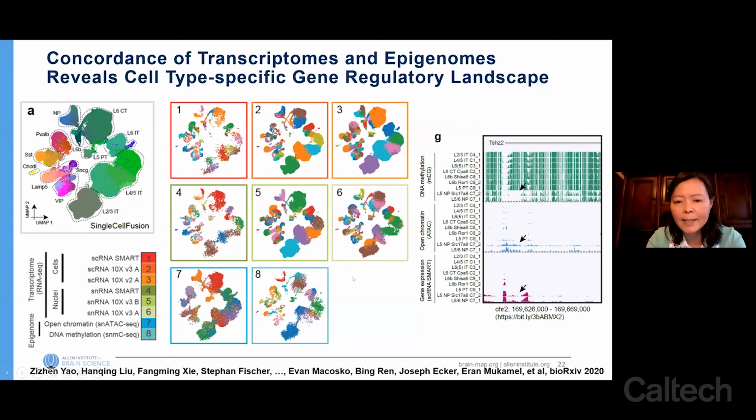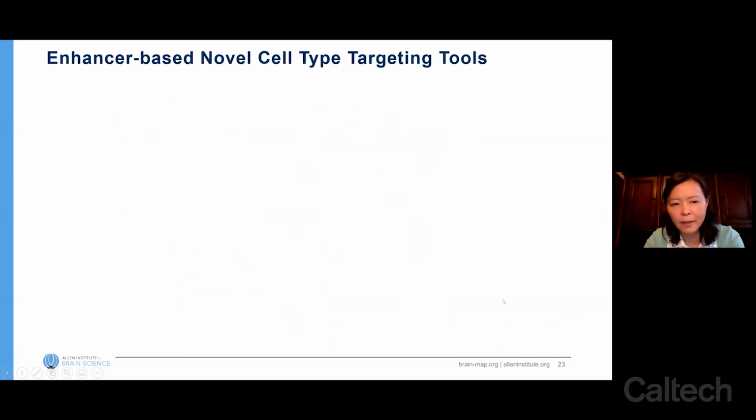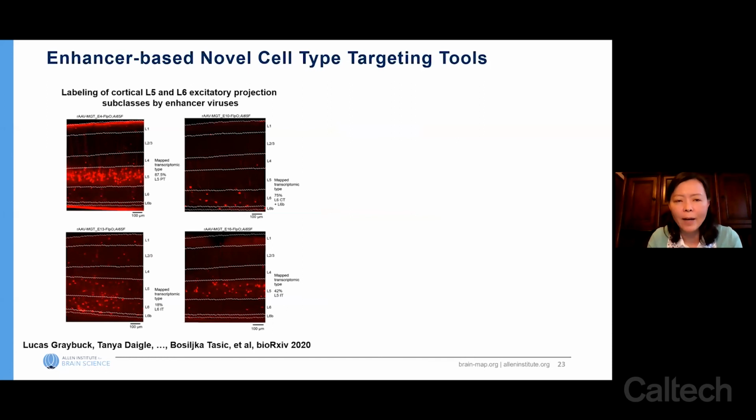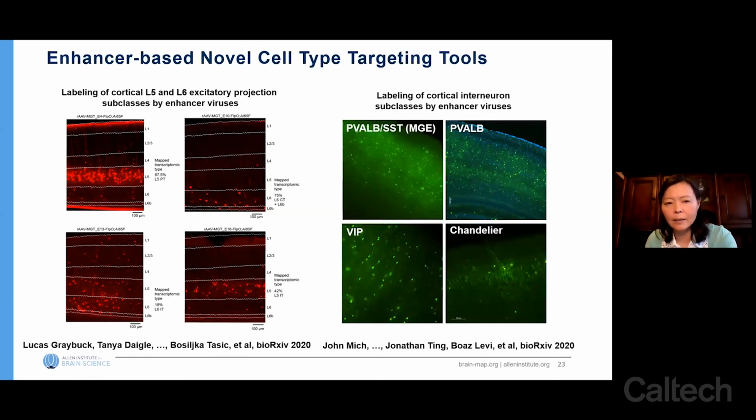And importantly, such integration then allows us to associate chromatin cis-regulatory elements with specific marker genes in a cell type specific manner. And then that enables us to identify cis-regulatory elements, which we can then use to generate viral vectors to achieve cell type specific targeting.